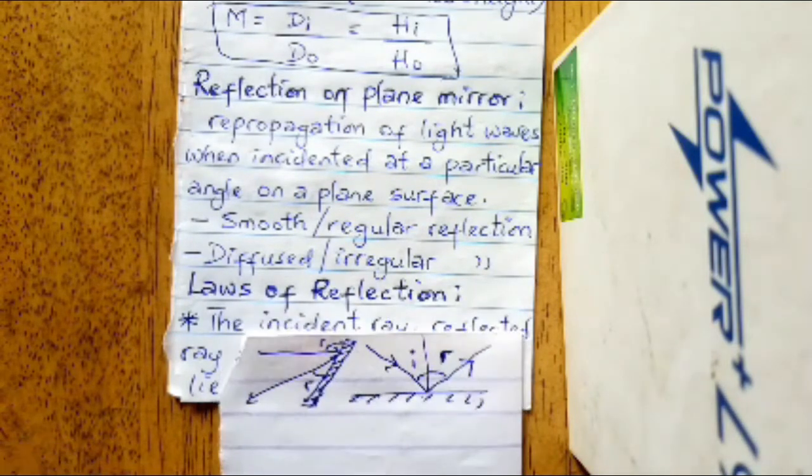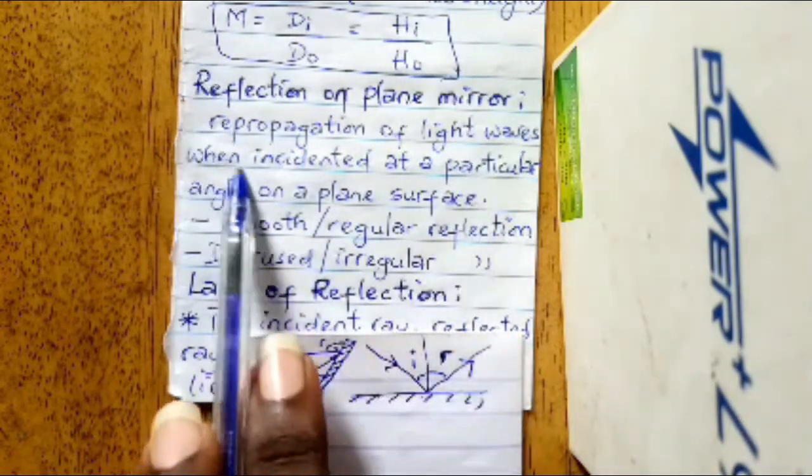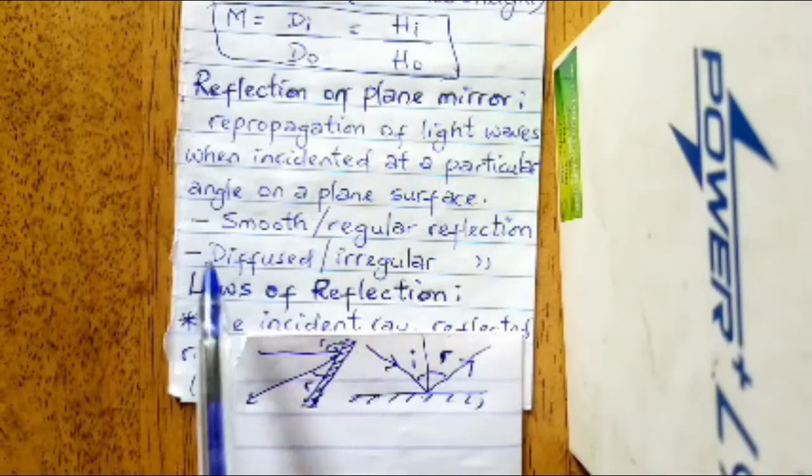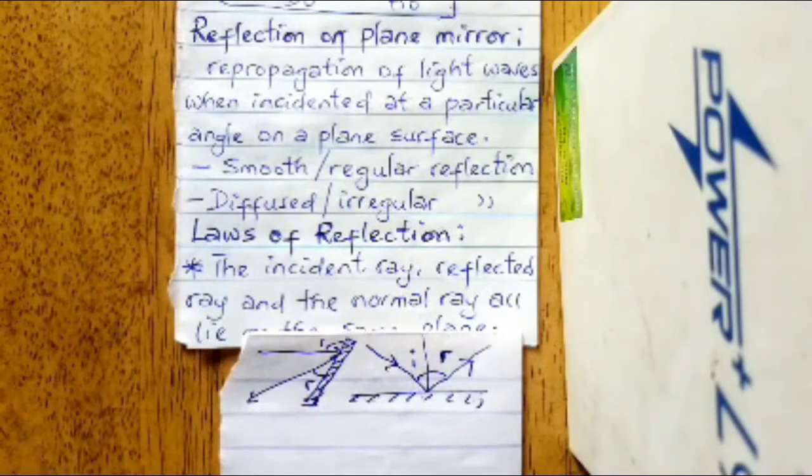So reflection is simply known as the repropagation of light waves when incident at a particular angle on a plane surface. Now, the surface determines the mode of repropagation.